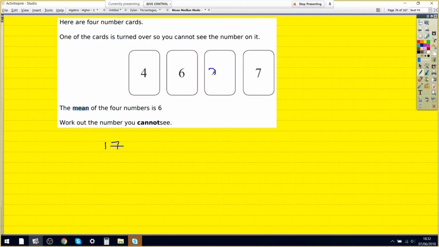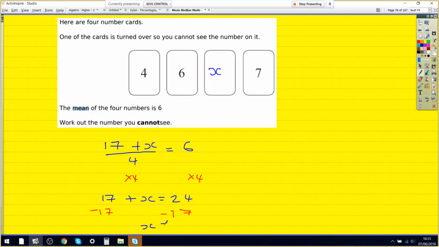Yes, so 6, 12, 18, 24. So the missing number would be 7. So the missing number is 7, correct? Any questions there? No.